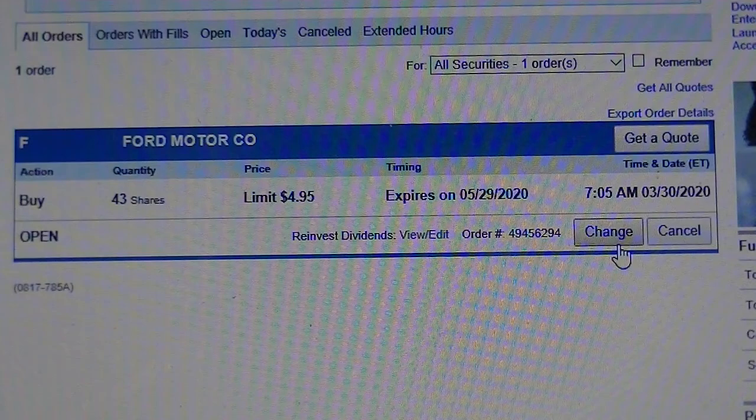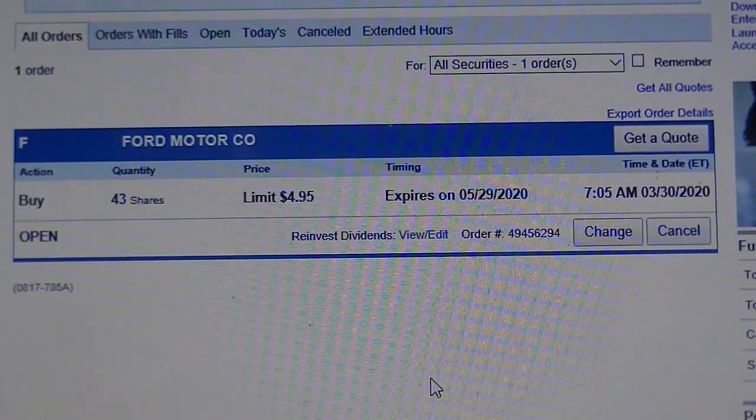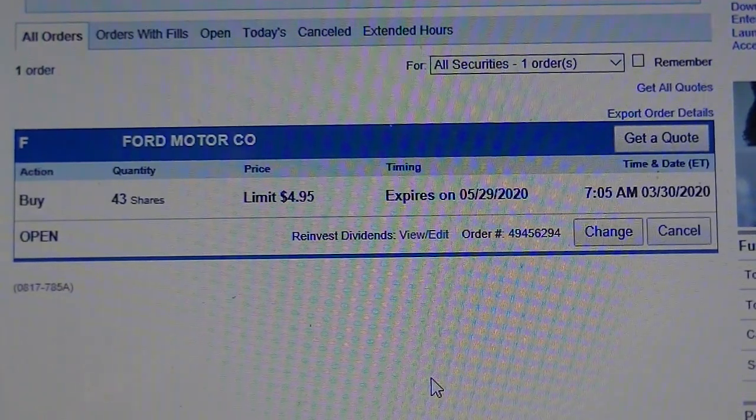If I click on change, that will give me options to revise the order and update it. Or if I click on cancel, it's just going to cancel it completely. So that's how you invest in a single stock in your brokerage account or your Roth IRA.